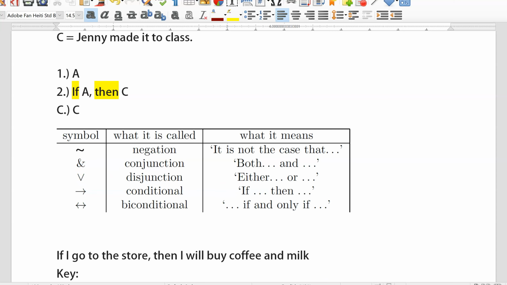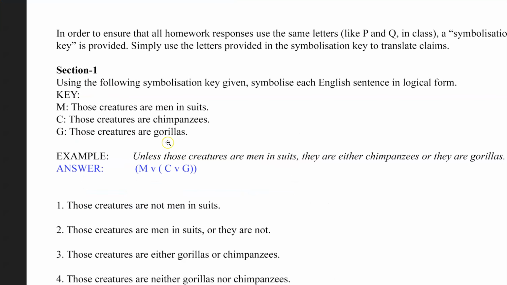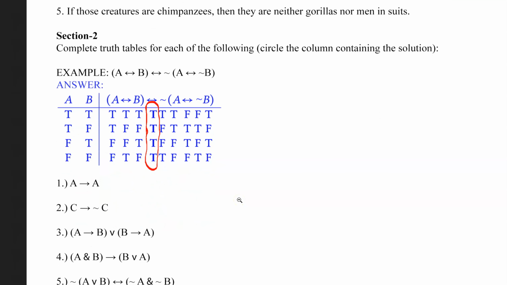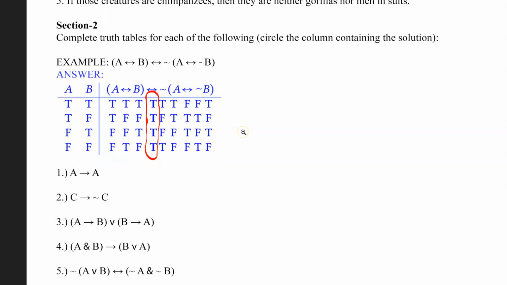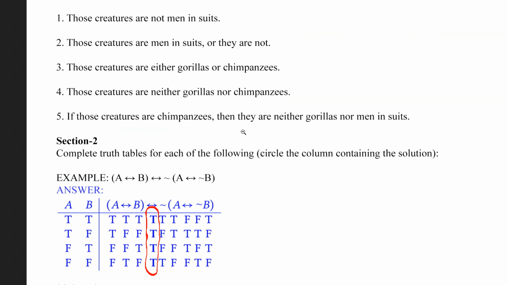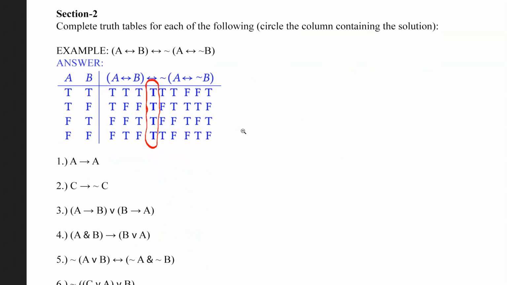So let's just symbolize these sentences. Don't worry about section 2 yet. That will be your homework for next week. I'm probably going to ask you to take a picture of it, but for the time being, do not worry about section 2.